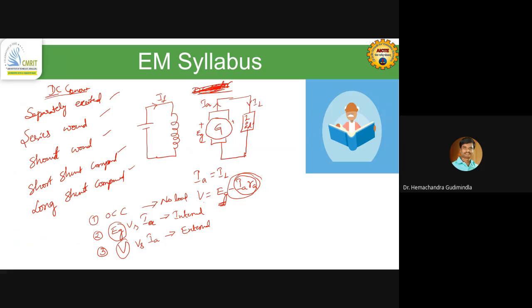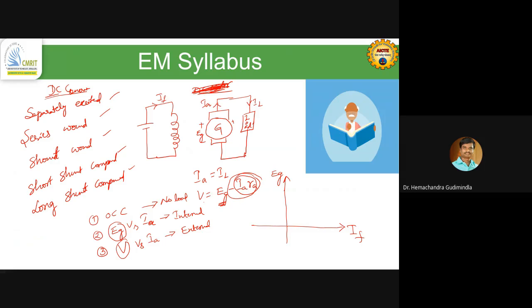Then let me draw how the open circuit characteristic looks for a DC generator. Basically, I draw the field current versus generated EMF. You are exciting the generator with the field, so if the field current increases, the generated EMF automatically also increases.